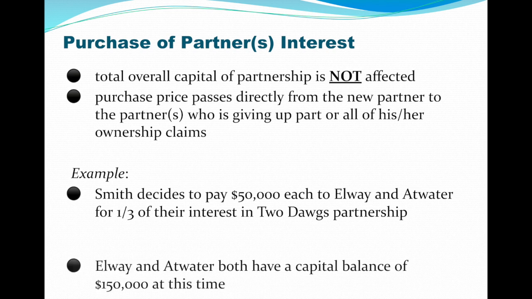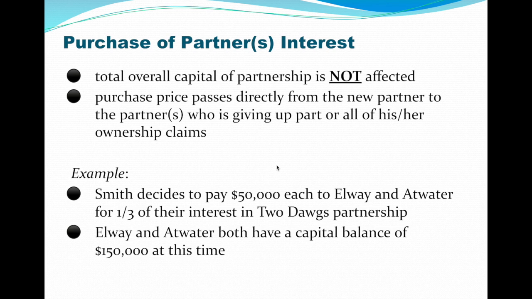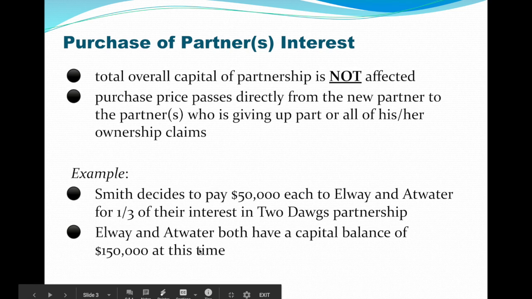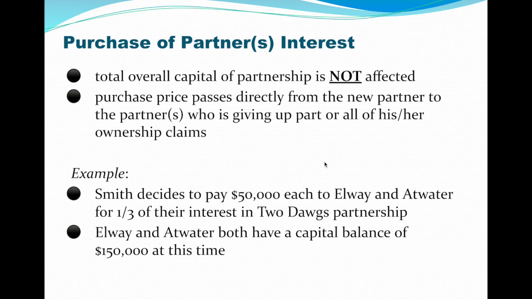So, for example, if we're dealing with our Elway and Atwater partners, the two dogs of accounting. If Smith, some random guy named Smith, decides to pay $50,000 to each of Elway and Atwater for a third of their interest in the partnership, so essentially he's buying out a percentage of each partner's interest in the company to make room for himself.